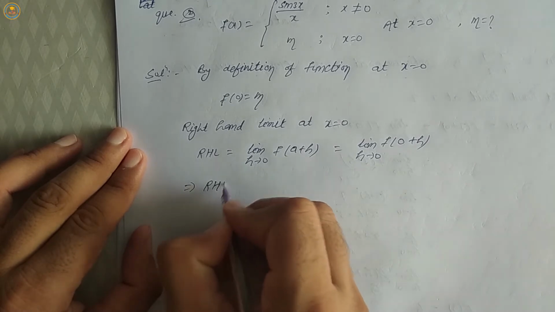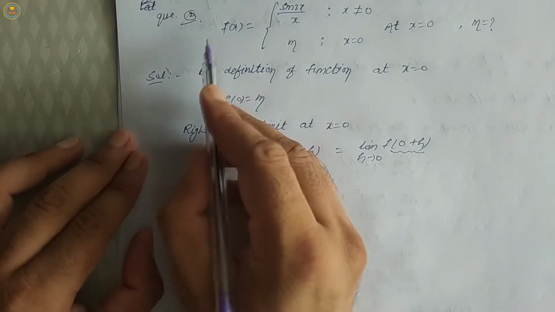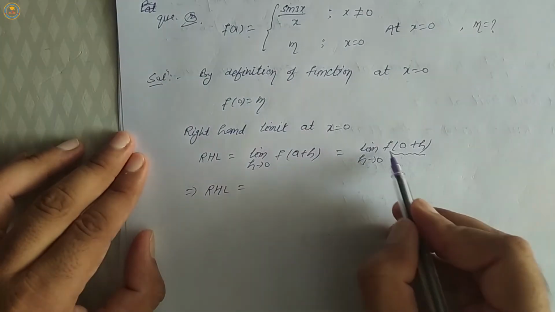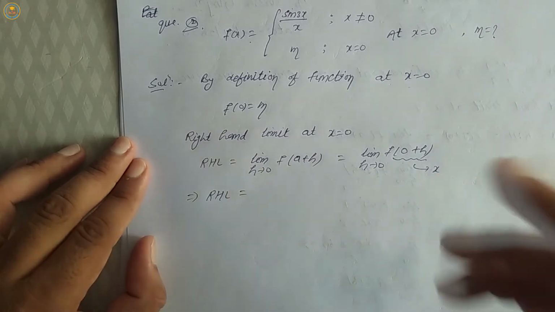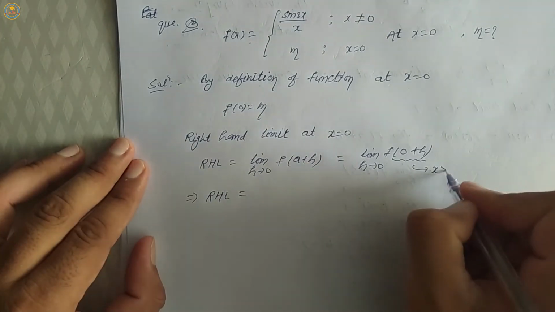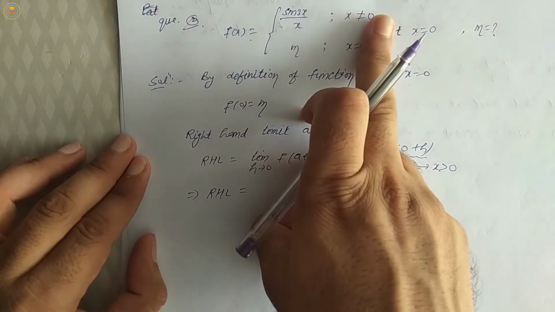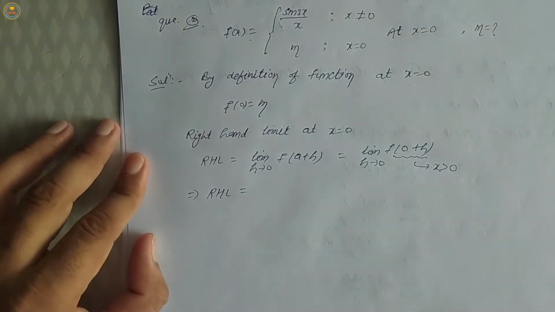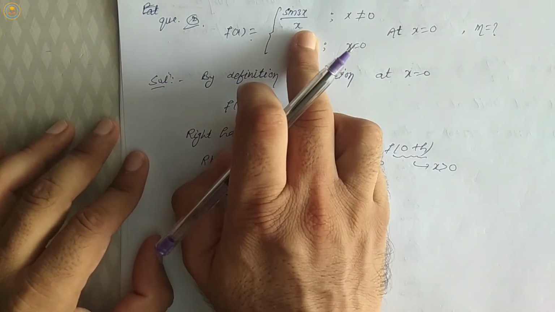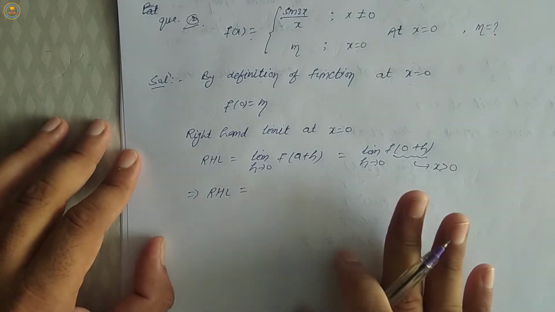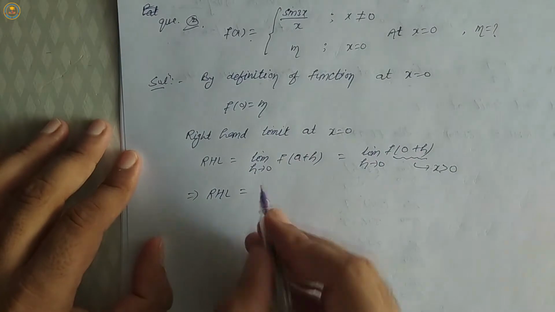Implies RHL is f(0+h), meaning x = 0 + h. It means x greater than 0, x not equal 0, then the value of f(x) equal to sin 3x/x. Putting the value of x in the function.